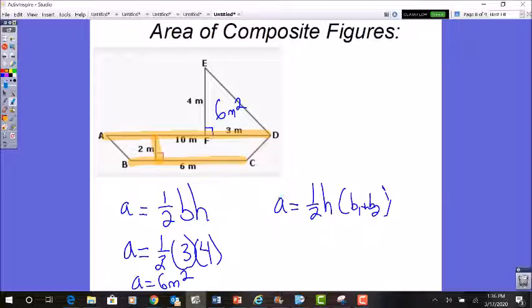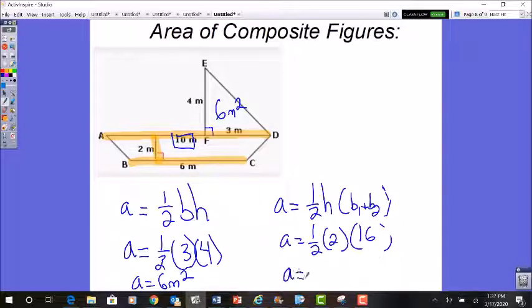Alright, so in this one, we're going to say area is 1/2 times the height, which is 2, times base 1 plus base 2. Well, they're telling us that the distance of base 1 is 10. So from A to D is this value of 10. And then for B to C, it's 6. So that would be 16.